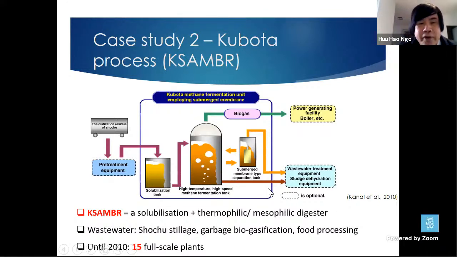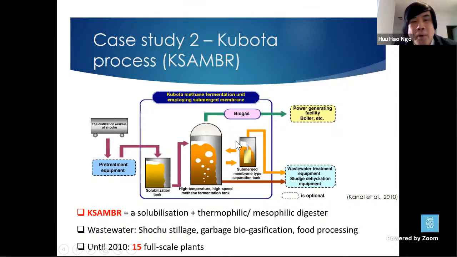The only thing is they want to have that biogas linked with the submerged membrane reactor. Then they can discharge, and they meet the discharge standard. So that is the good point here.